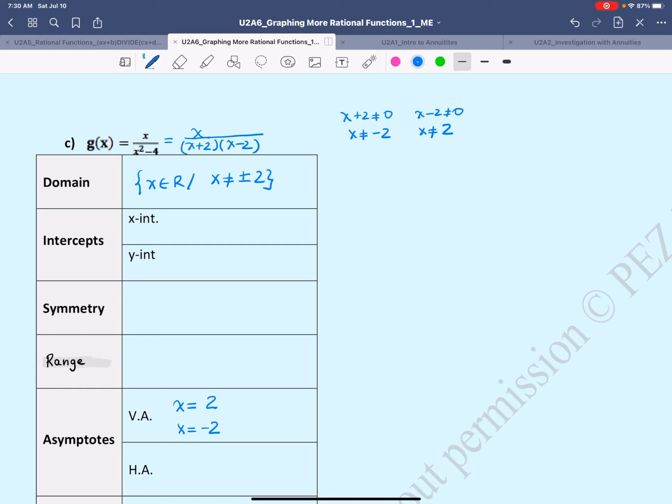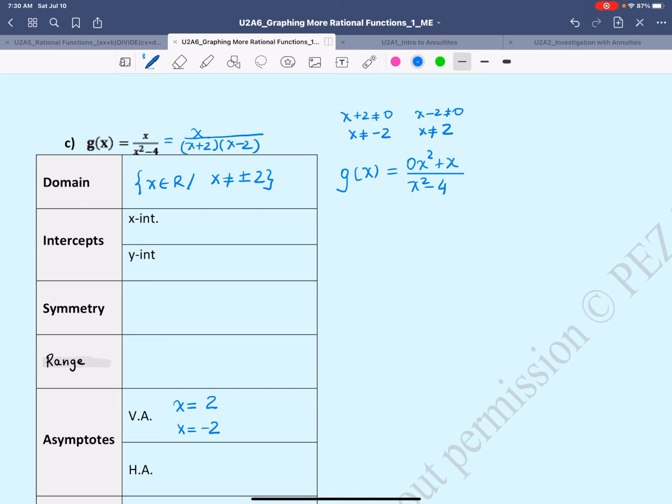So the highest degree term being 2 suggests that we rewrite the function in the form g of x equals, so I'm going to write the denominator first, x squared minus 4. There is nothing we need to change here, but since the numerator doesn't have an x squared term, I will write one with coefficient 0 and then plus x.